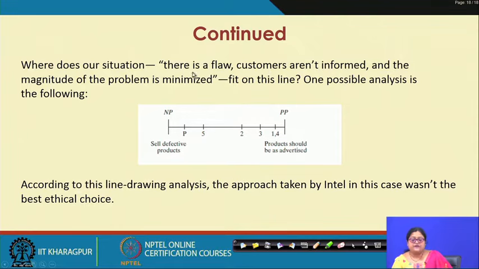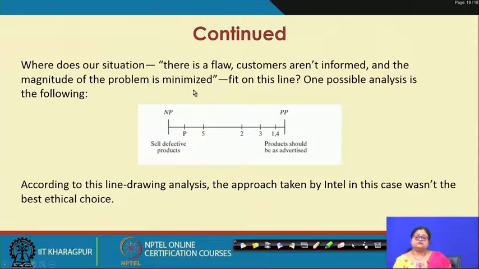In our situation, there is a flaw, customers aren't informed and the magnitude of the problem is minimized. It will fit somewhere over here, because it is not one of the cases where it has taken some measure to replace.